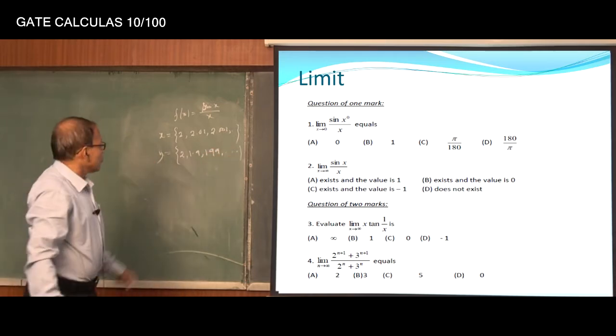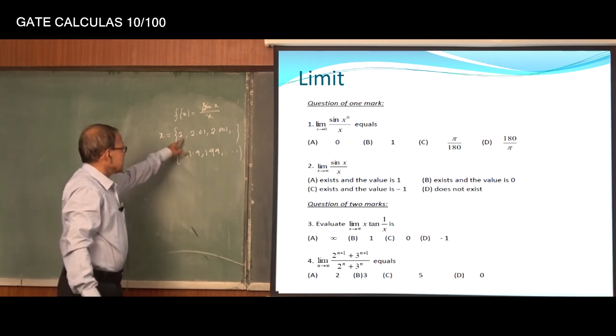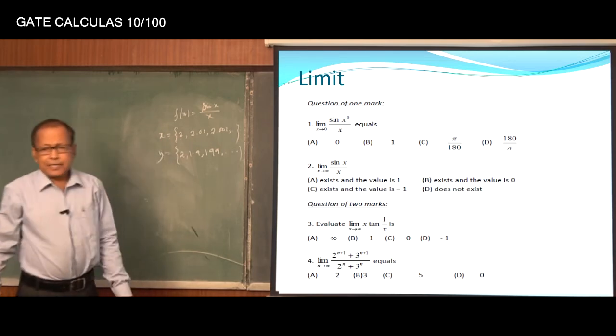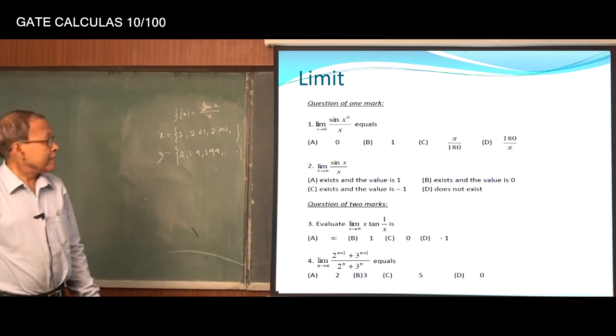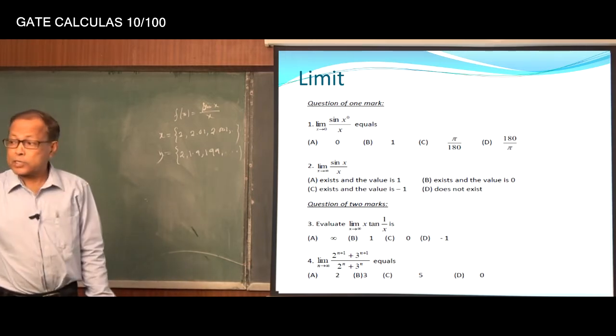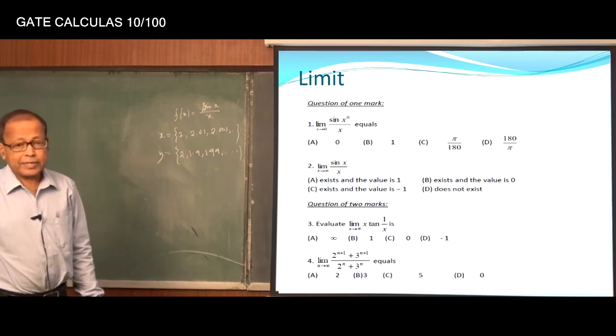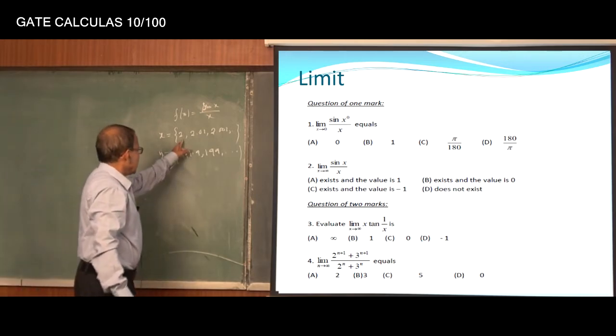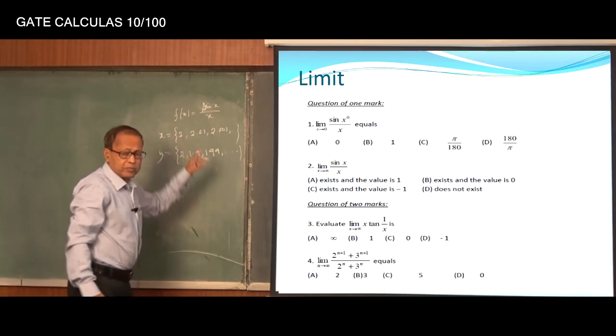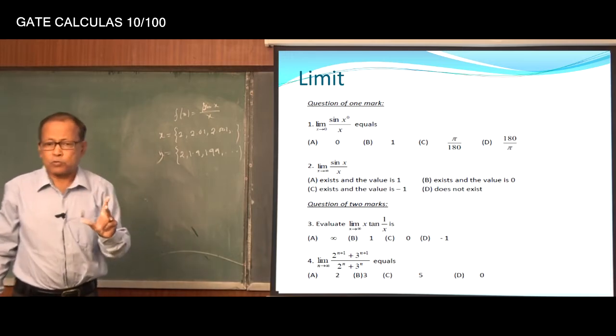If you look at the two values of x and y, you see in the first case the values of x gradually increase, but it tends to 2. It never exceeds, it is in the vicinity or neighborhood of the number 2.